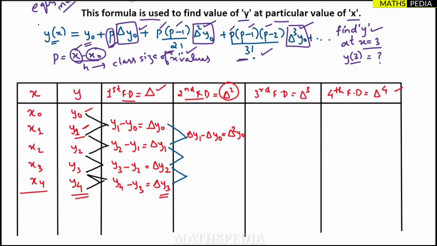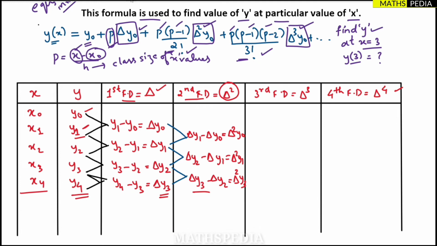The next difference will be delta y2 minus delta y1 is equal to delta square y1. Then delta y3 minus delta y2 gives delta square y2. Okay, so this will be the last value. You can see the terms are decreasing because we are finding the differences.